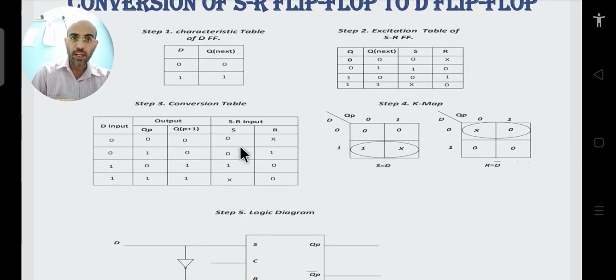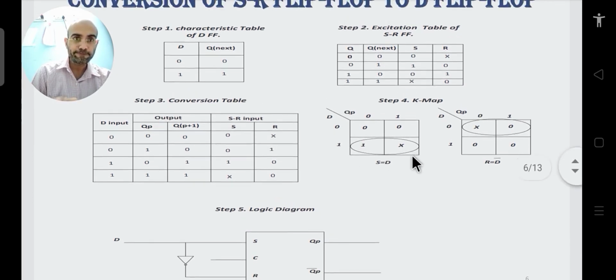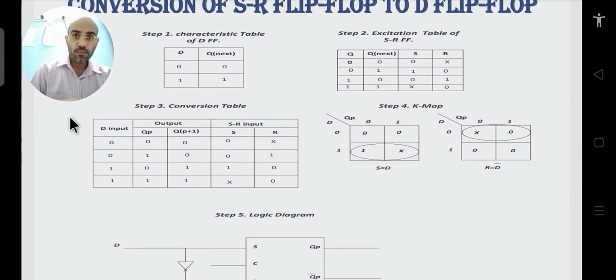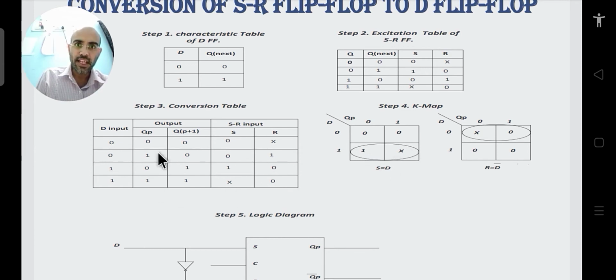So I can combine them together, and you see that S is equal to D. If you simplify it and solve the equation, the pair will be simplified as D. So the S input will get the value equal to D. Whereas the same information you can now fill for the R input. So this is the K-map for your S input.